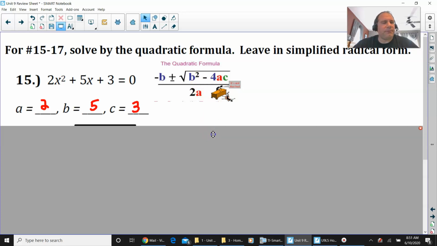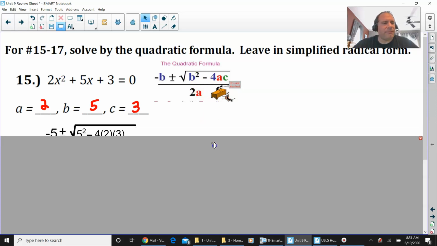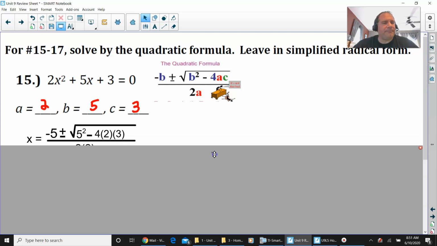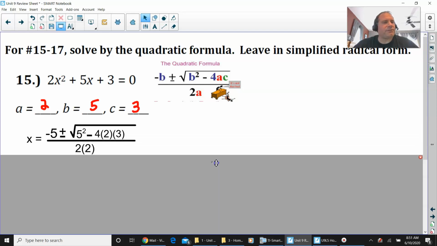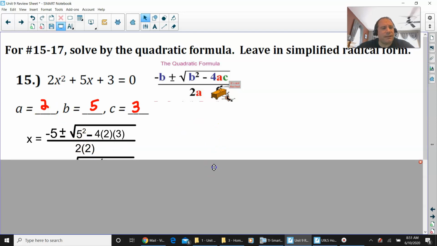So now I am going to substitute every number into my quadratic formula, which is -5, because you're talking about a negative b, and the b is 5, plus or minus square root 5 squared minus 4 times a, which is 2, times c, which is 3, all over 2 times a, which is 2 times 2.